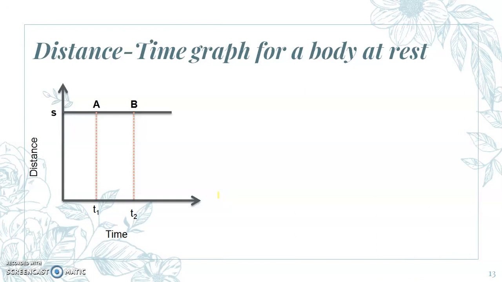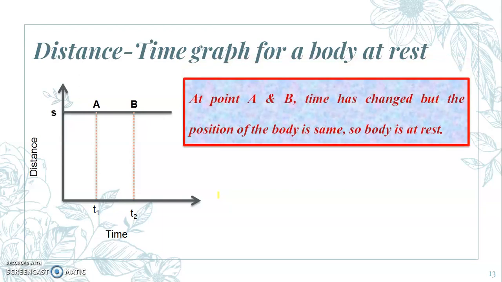Now the distance time graph for a body at rest, means when the body is at rest. At rest means it is not moving, it's not changing its position with respect to time. Here time is changing. Look at this. At point A and point B, time is changing from T1 to T2, but distance remains the same, S. That means the body is at rest.